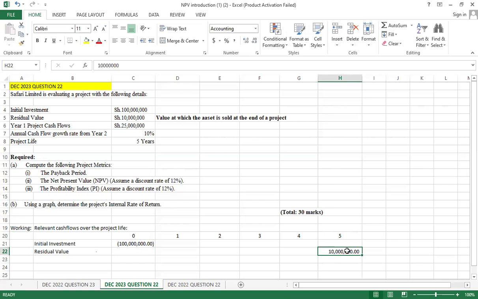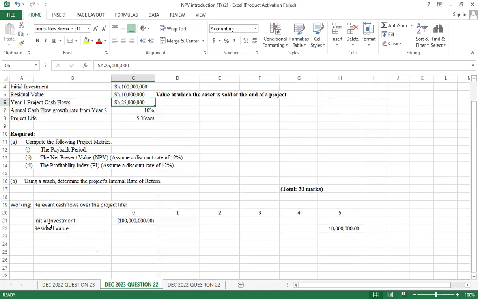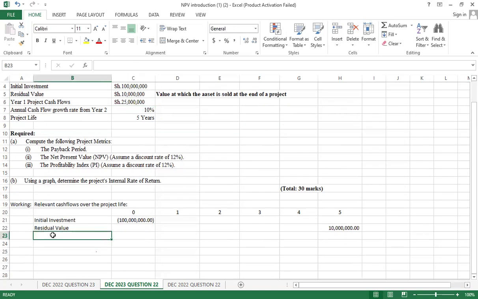Now, after the salvage value, the question says that we have year 1 project cash flows, 25 million. So I will say that one more relevant cash flow are the project cash flows.